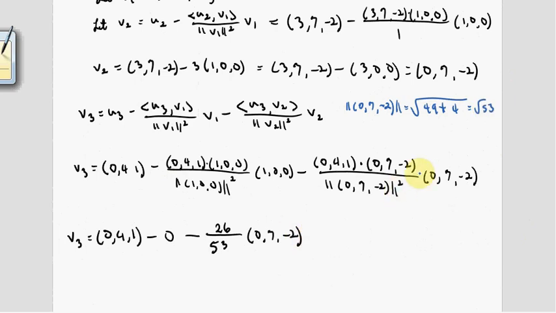So we're squaring that, so it's just 53 there by itself. So this is 0, 4, 1, minus 26 over 53 times 0, 7, negative 2. 26 times 7 is 182 over 53, and then negative 52 over 53.